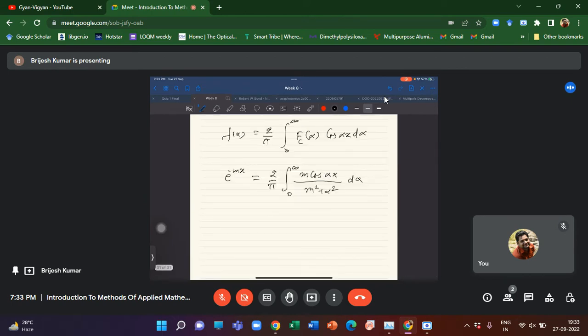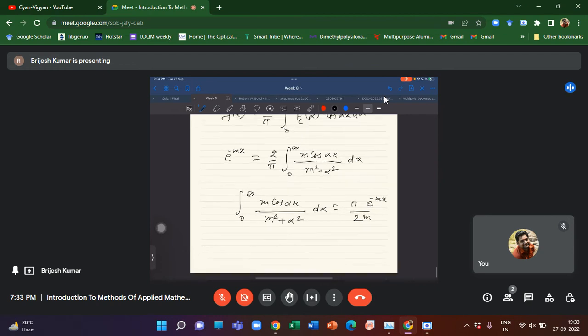So the integral from 0 to infinity of m cos alpha x upon m square plus alpha square d alpha will be pi e to the power minus mx upon 2, and this m is constant, so it goes to the other side.